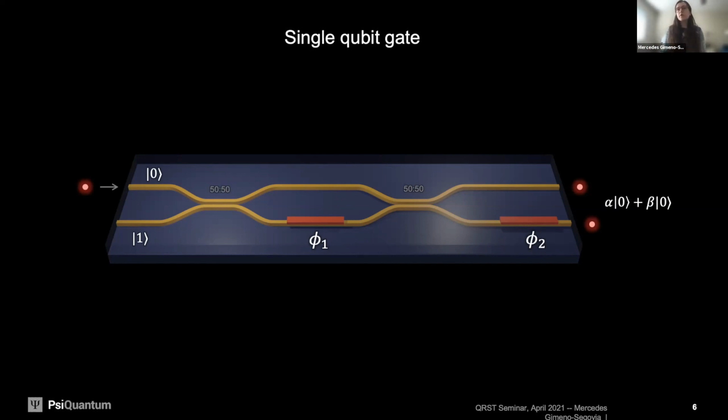So single qubit gates can be implemented very easily, and in fact there's a huge volume of literature in silicon photonics showing how many of these operations can be done. And in fact, the example that Sophia gave, the first paper on VQE implemented as an experiment, was done in a platform of silicon photonics.